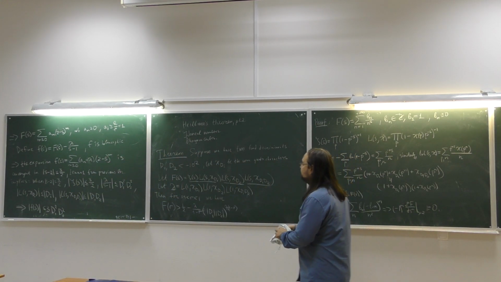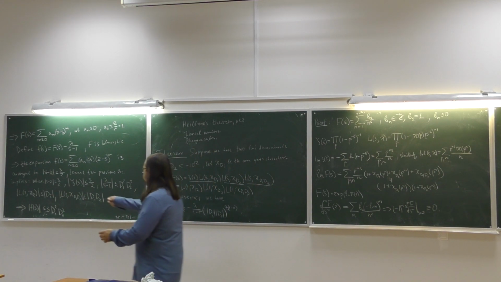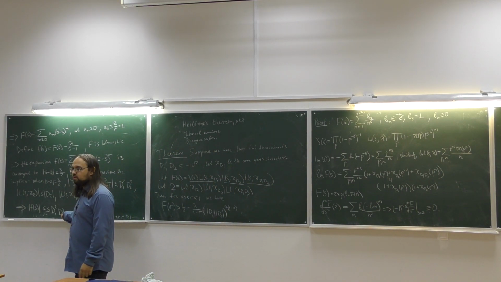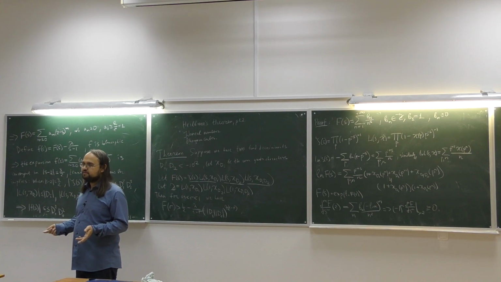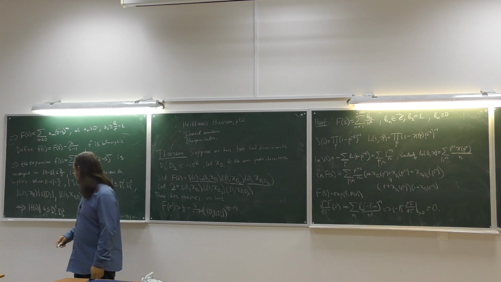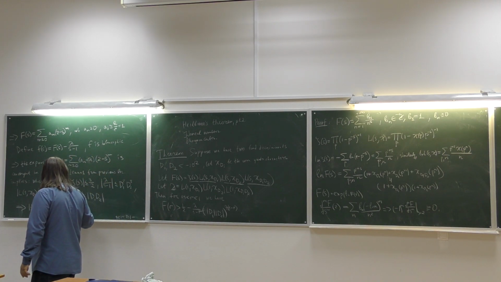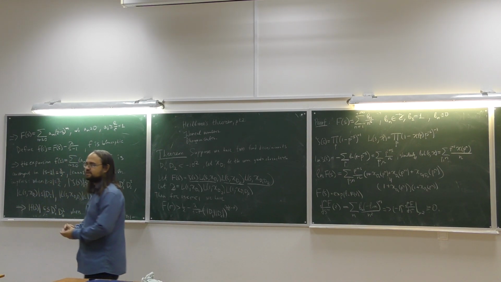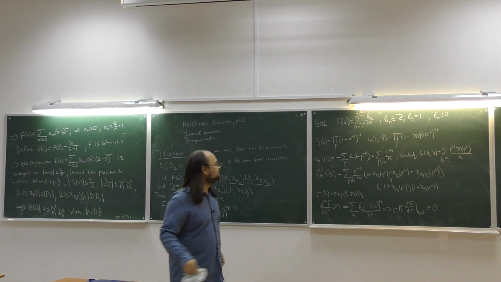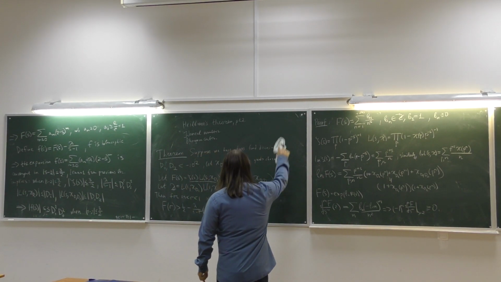Fine. So what do we get from this? Well, first of all, we get this on the circle, and by the maximum principle, we also get the same estimate inside the circle. So we get this when s minus 2 is at most 3/2. This will suffice for our applications.